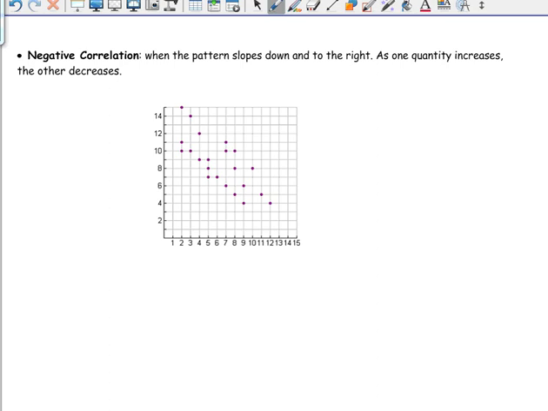So for example, let's think of two things that are negatively correlated. An example could be, as you spend more time studying, so hours spent studying, you're going to spend less time watching TV.